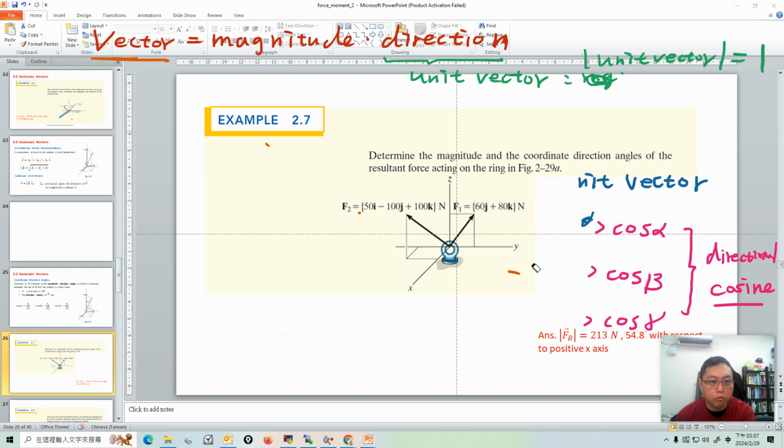Let me erase this and I will write this. It gives you two force vectors, and you want to determine the coordinate direction angles and magnitude of the resultant force acting on the ring. This ring has two forces, F1 and F2.